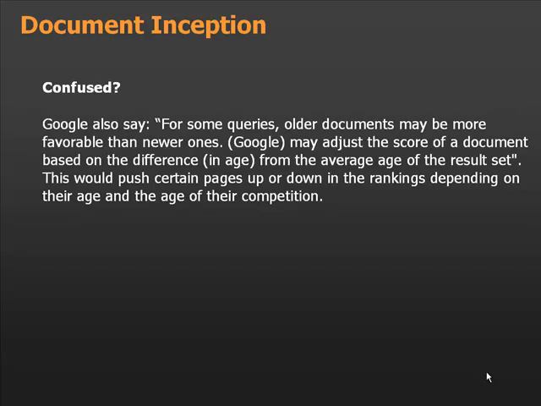What this means is when Google crawls your site, it matches it against what else is under that keyword. So basically your competitors, it's looking at how old they are and the difference in your page versus their page.